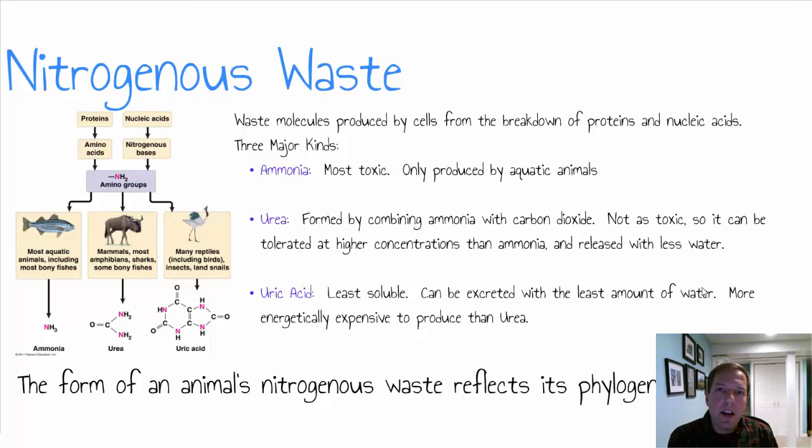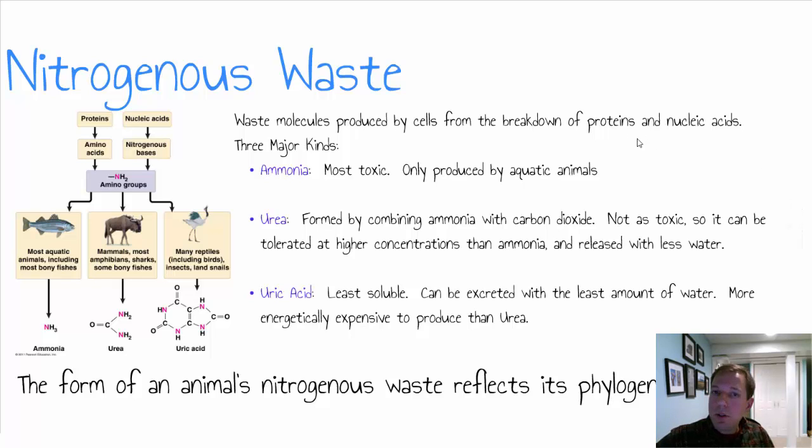A second reason, other than regulating osmolarity, why we have an excretory system and a kidney in particular, is to be able to deal with a very particular type of waste product produced in our cells. Metabolism is the sum of all the chemical reactions that happen within our cells, the most important of which is cell respiration. And in cell respiration, there are going to be waste products produced as proteins and nucleic acids are built up and broken down.